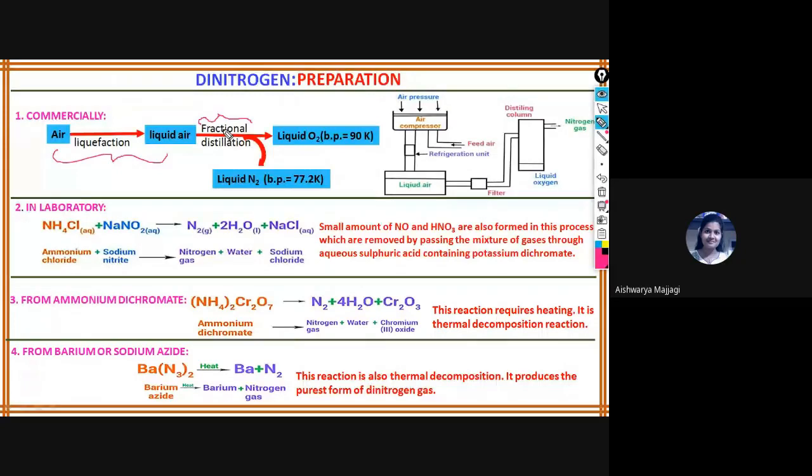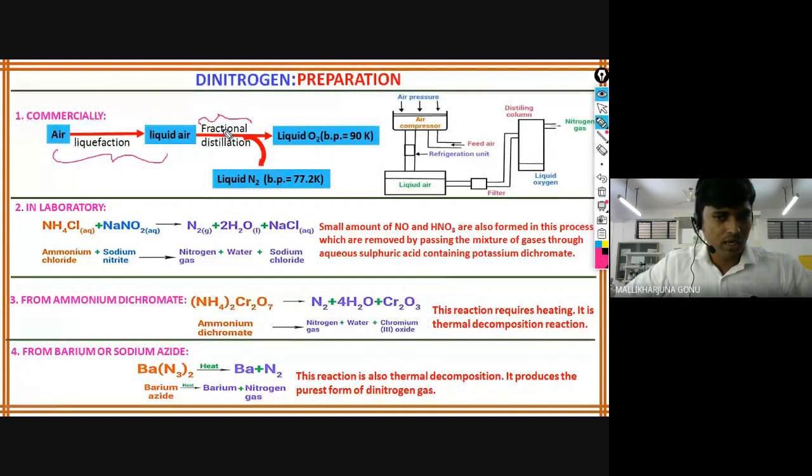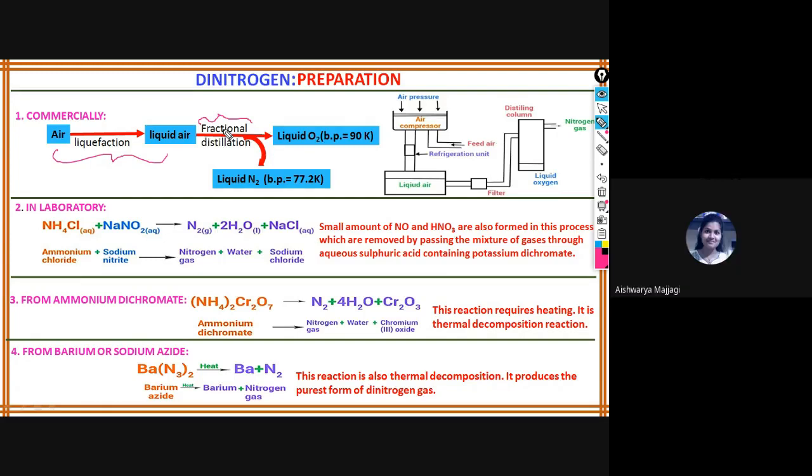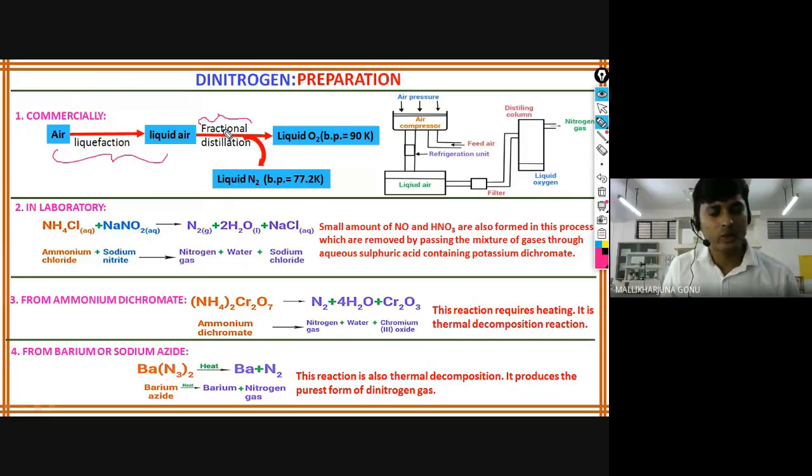Yes, sir. So what is fractional distillation? Do you know or not? Okay, what is distillation? Vidisha, what is distillation? Through which different compounds can be taken out, can be separated out, right? Okay, what is fractional distillation?